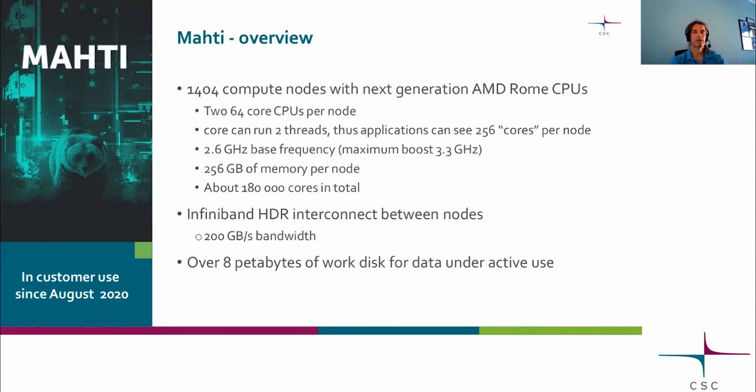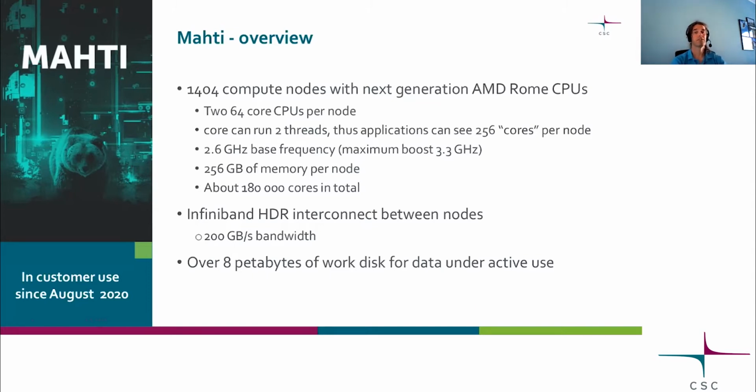But that just means that in some circumstances, applications actually see 256 cores per node. The base clock frequency is 2.6 gigahertz, and depending on the load on the CPUs and within the node, that can be boosted up to 3.3 gigahertz.